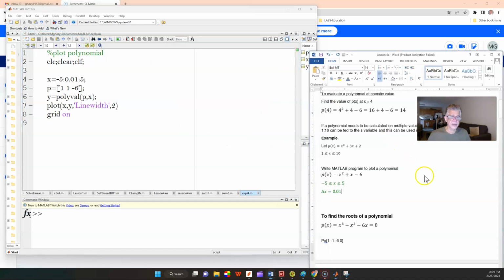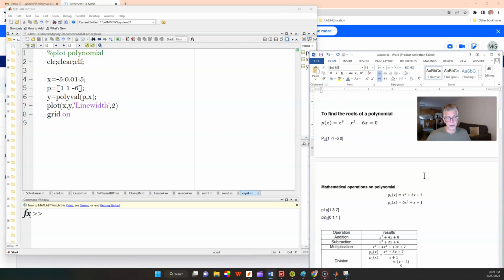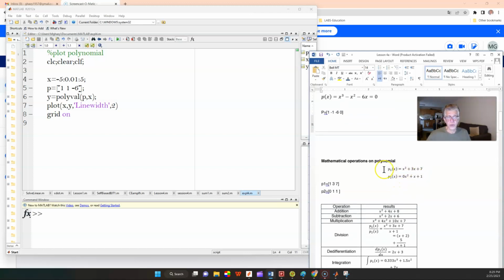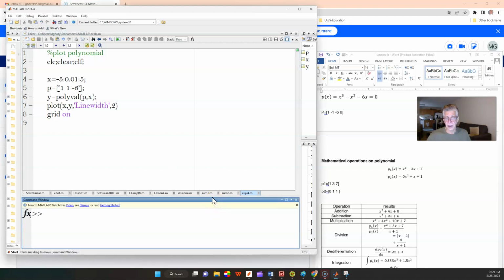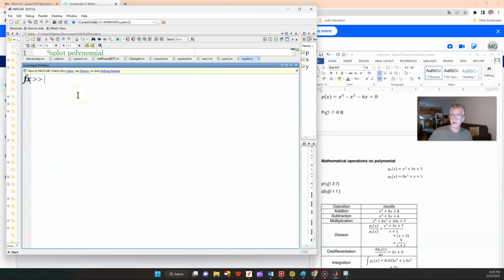So let's go next. The operations. Let's have two polynomials, P1 and P2. Let's make them in the command line here. So the first polynomial will be P1 equal x squared plus 3x plus 7.